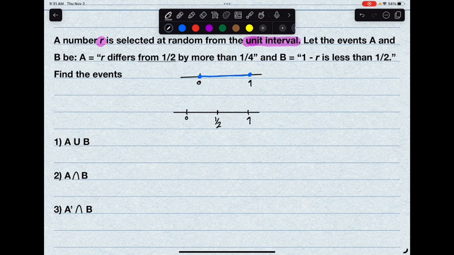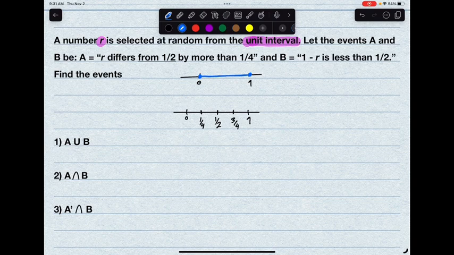So you can see if here is 1 over 2, 1 over 2 plus 1 over 4, we have this number 3 over 4, and here is 1 over 4. Okay, so the numbers in this set whose distance with 1 over 2 is more than 1 over 4, not even equal, okay, more than.